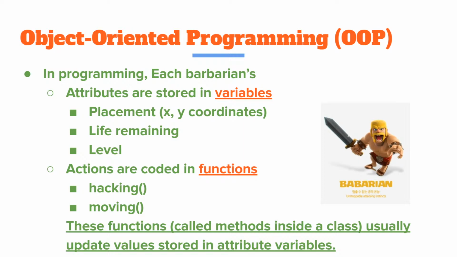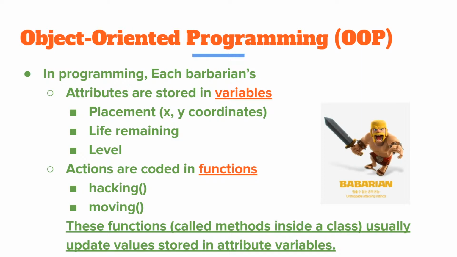And we saw that if we have values that we want to store somewhere, all we need to do is get a variable, right? So essentially, each one of these attributes has a certain variable associated with it. Everything from the placement, the life remaining, the level, and I'm sure there are many other attributes you could find in a barbarian, are all stored in variables.